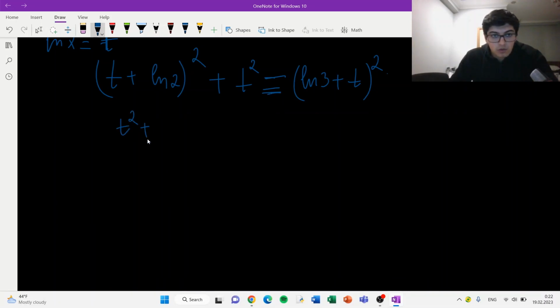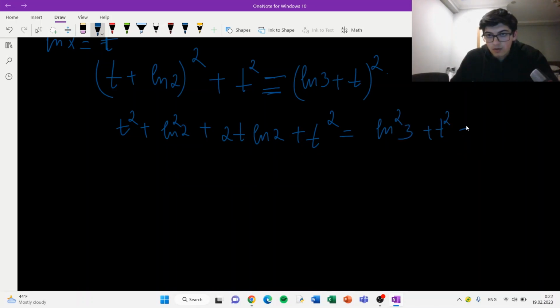It's going to be t squared plus ln 2 squared plus 2t ln 2 plus t squared is equal to ln 3 squared plus t squared plus 2t ln 3. And let's cancel out these t squared terms and find the terms with the same coefficients, for example t here and t here.